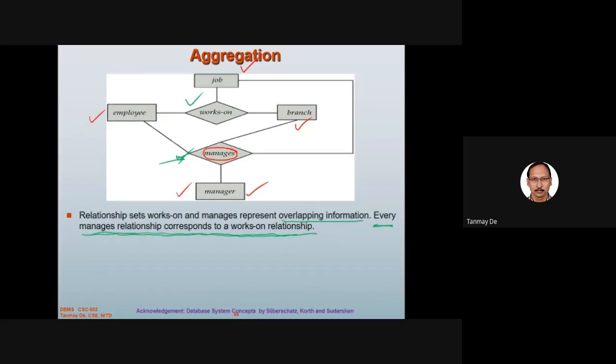That can be reflected by the work on relationship. Some work on relationships may not correspond to any manages relationship, so we can't discard the work on relationship. Both relationships are important here.